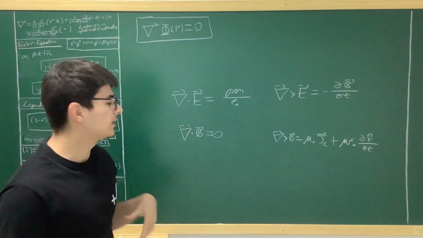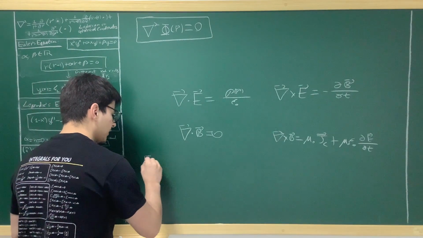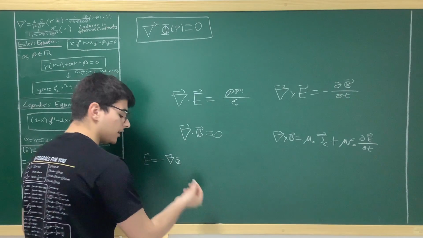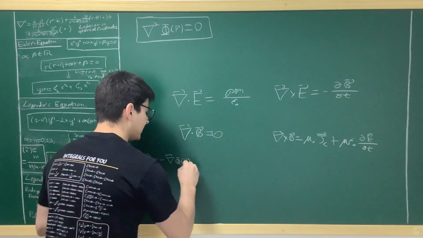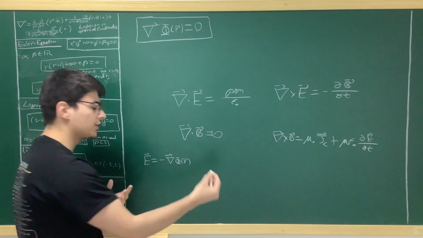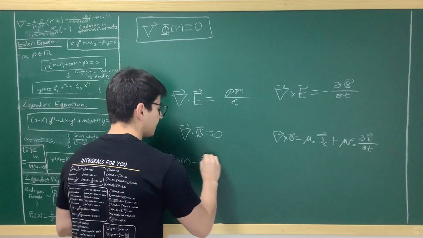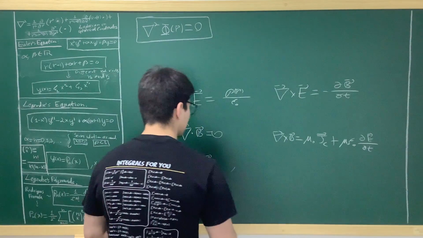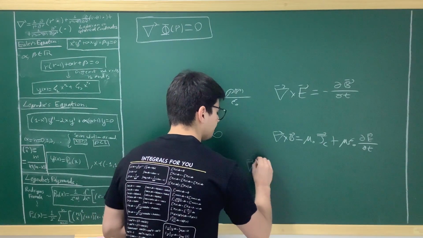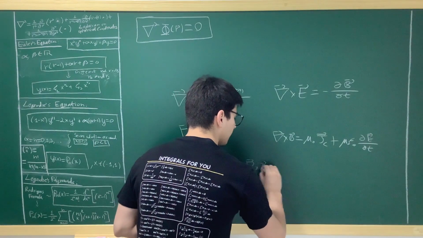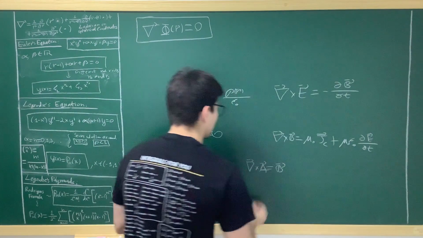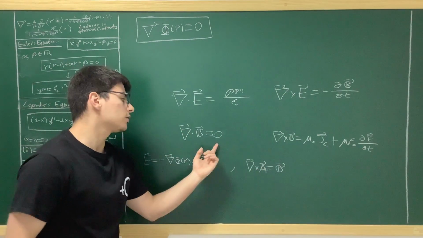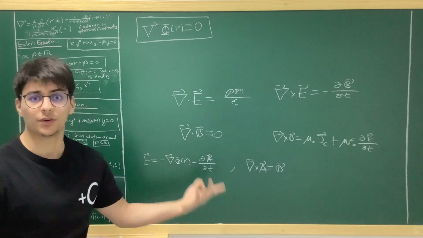I'm just going to do a quick derivation, and we can actually define the electric field as minus the gradient of some scalar potential, which is the electrostatic scalar potential, minus the time derivative of some vector potential. And this vector potential has the property that the curl of it is the magnetic field, and this comes from the fact that the divergence of any curl is 0, so we can define this and it will hold.